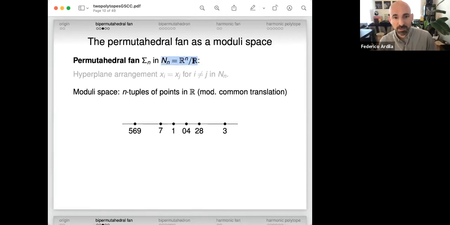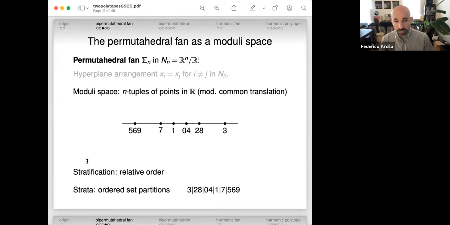I am in n-dimensional space and I look at all these hyperplanes. But if I want to be able to draw pictures, actually this model is very useful, which is that I think of this space as an n-tuple of points moving around the real line, modulo common translation. Okay. And again, the stratification is basically that I'm looking at that whole n-1 dimensional space and splitting it up into pieces according to the relative order of the points.